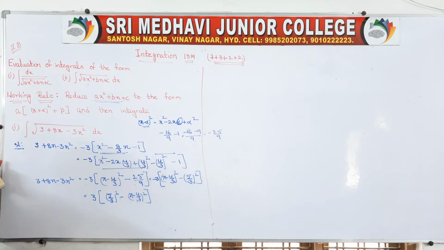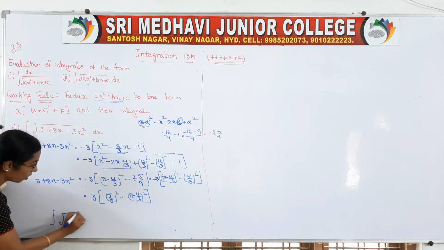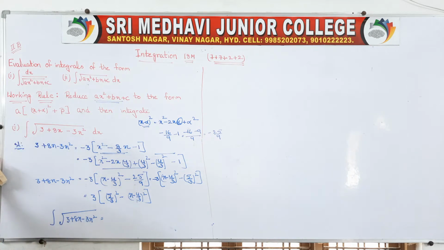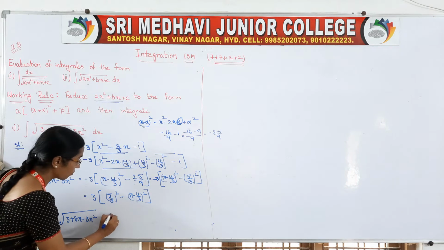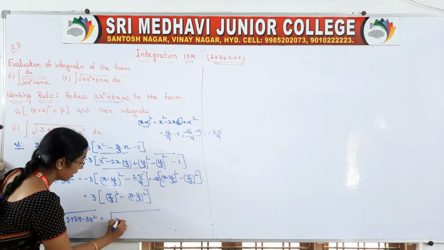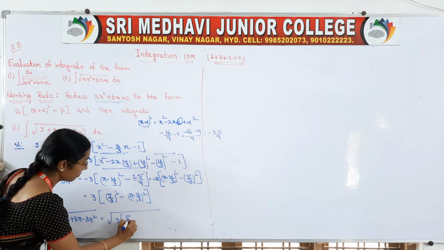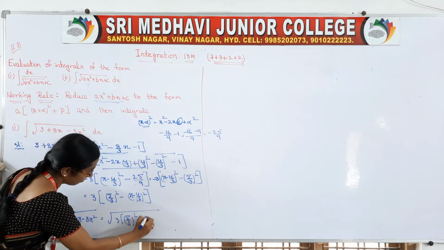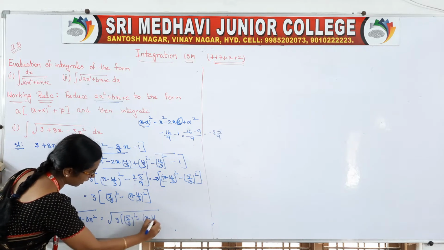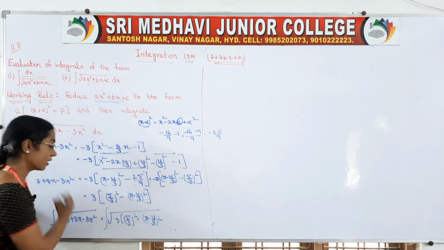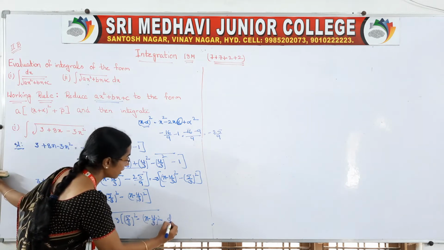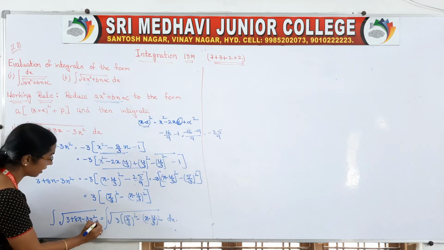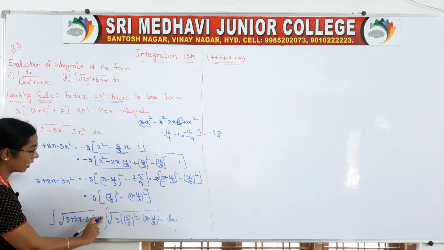Okay, so come on. Now you take the question, integral root of 3 plus 8x minus 3x square is equal to root of 3 into integral of root of 5 by 3 whole square minus x minus 4 by 3 whole square. Integral is there. Whenever integral is there, dx will be there. Here also into dx.